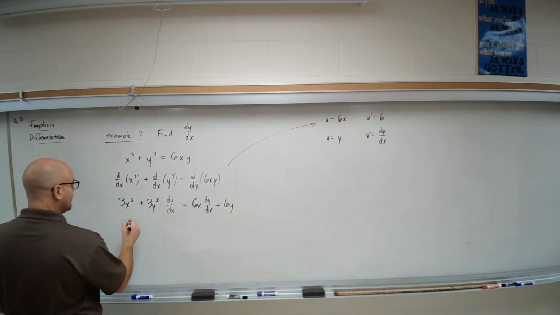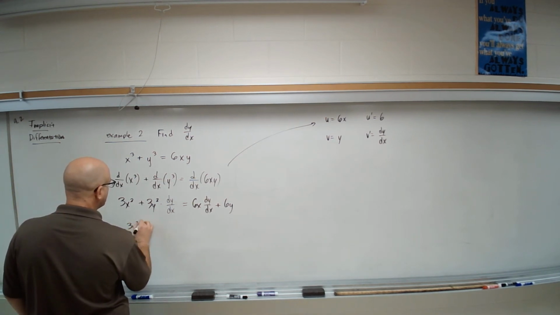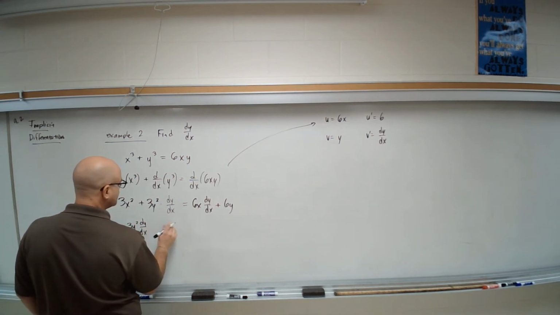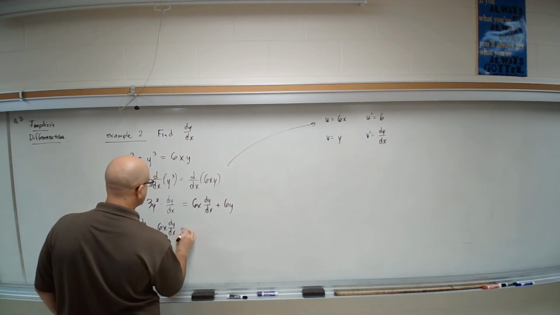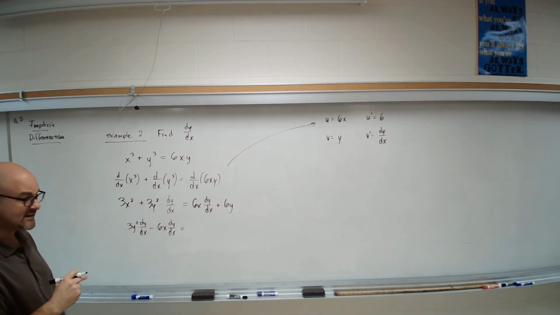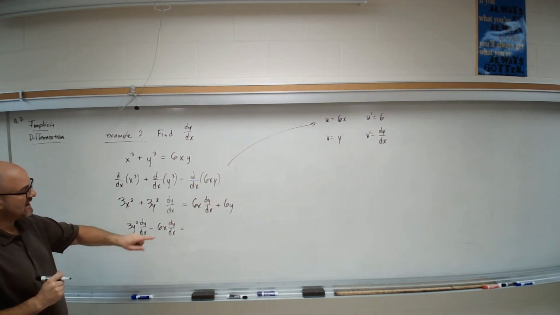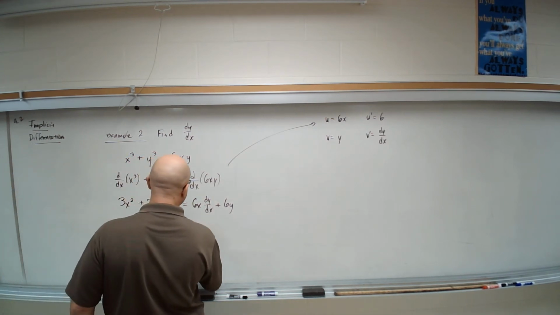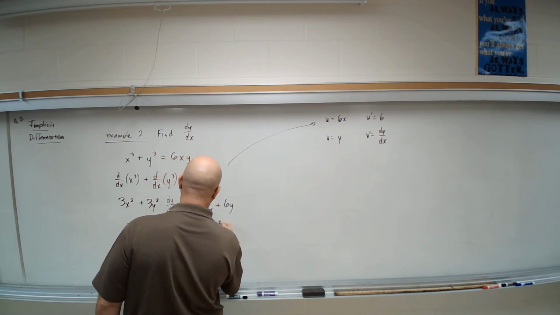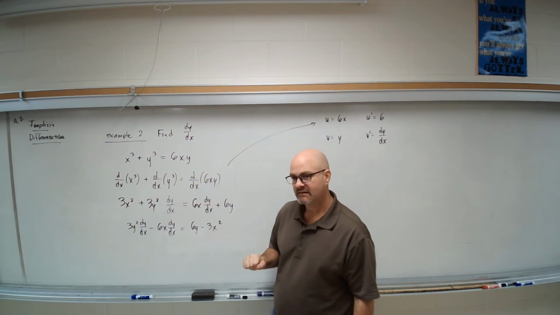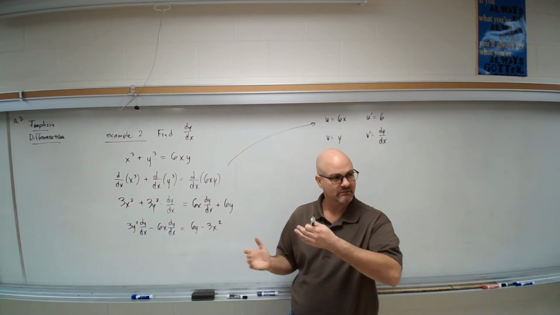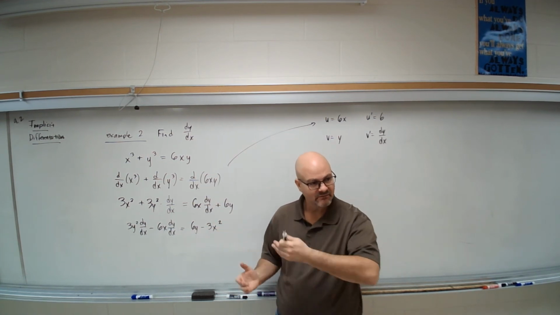We're going to say 3y squared dy dx minus 6x dy dx. So I subtracted 6x dy dx from both sides. Then over here, we're going to get 6y minus 3x squared. I subtracted 3x squared from both sides. We okay moving there? Just a little algebra, right?